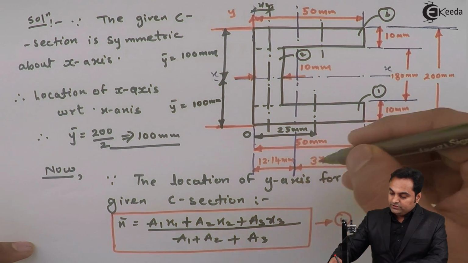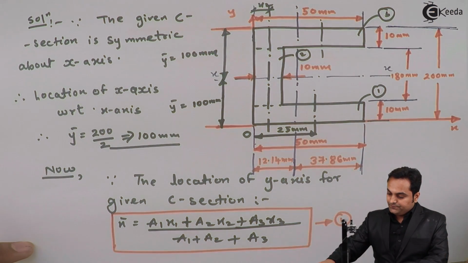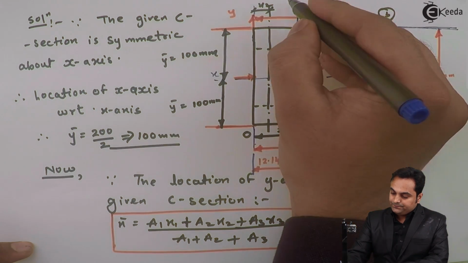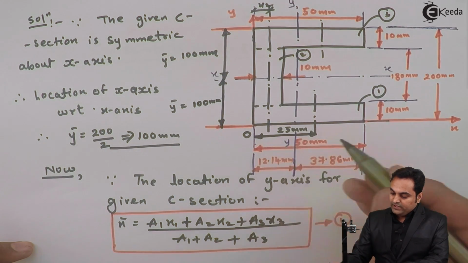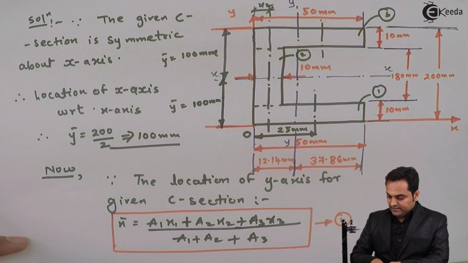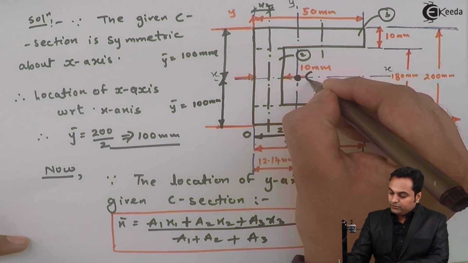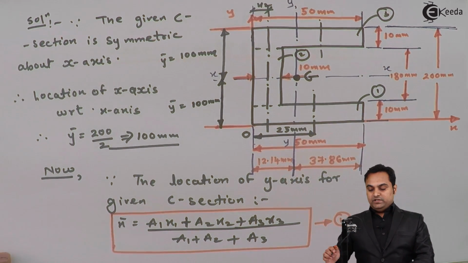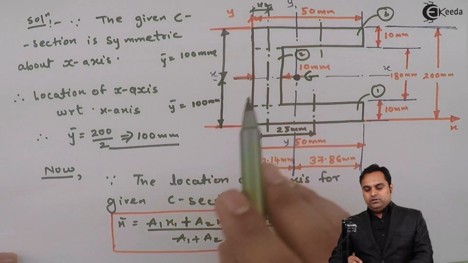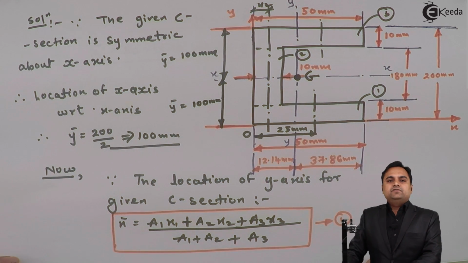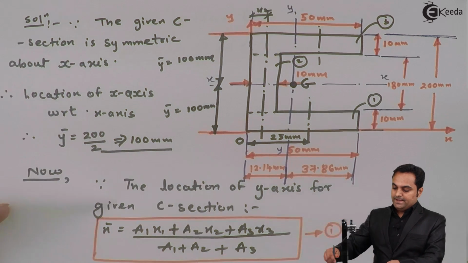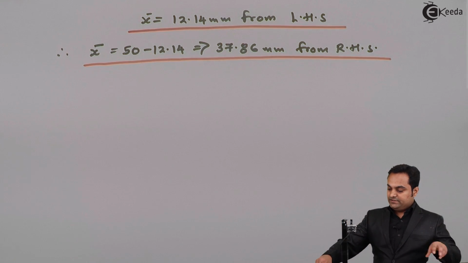And once we know this location of y-axis, we can say that x and y both the axes are known, and hence we know the location of centroid G. And once this centroid G is known, now we can go for the calculation of MI, that is moment of inertia.